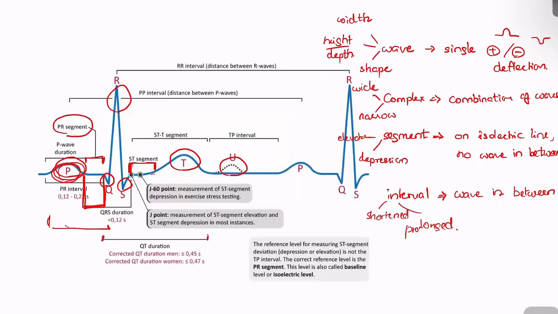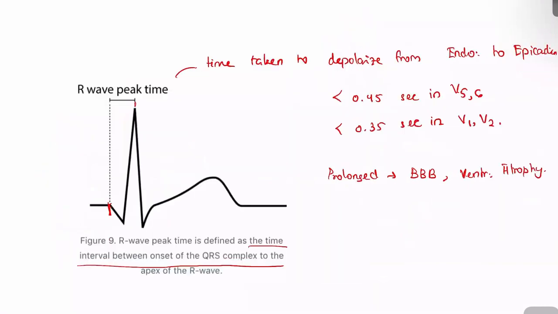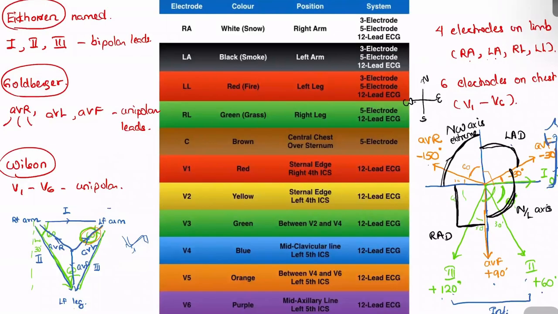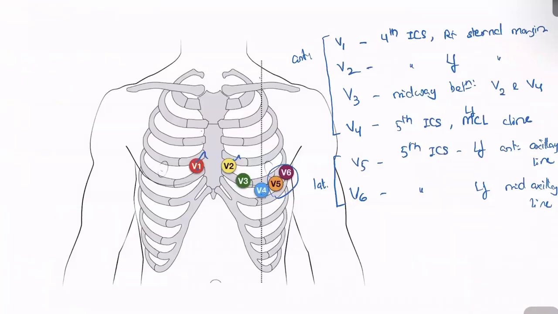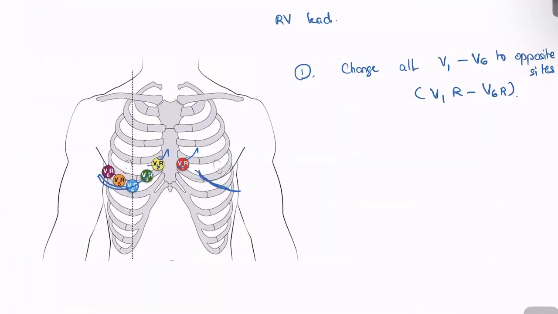Okay, and then I discussed the ECG terminology, about the wave, complex, segment, interval, and maybe a strange term for you, wave peak time. And then I discussed the naming system of the 12-lead ECG. Einthoven, Goldberger, and Wilson named them. And also how to determine the axis and Einthoven's triangle. And after that, normal limb placement, and then how to do the RV leads in 3 ways.